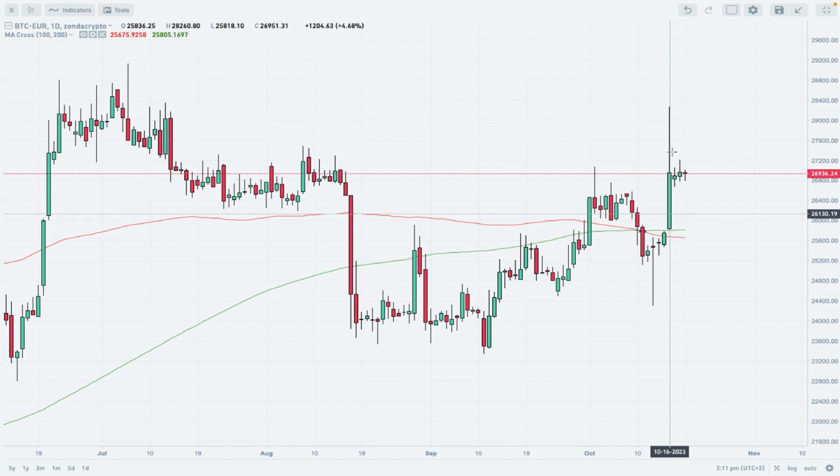So it indicates bearish pressure on the candle. It indicates that when the market went too far, too high in a very short time, then the bears started putting pressure on the market, and eventually it holds. It closes in the middle.